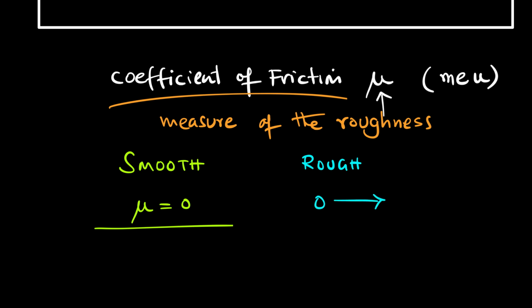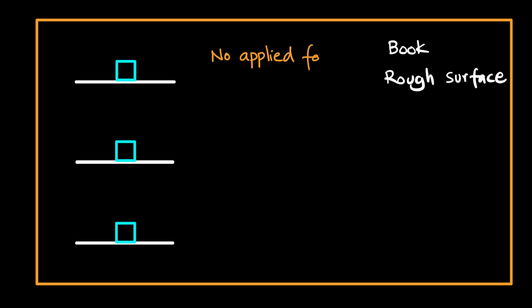Now let's take the example of a book lying on a surface. So there is a book and there is a rough surface. Now, in the first case, there is no applied force on the book.